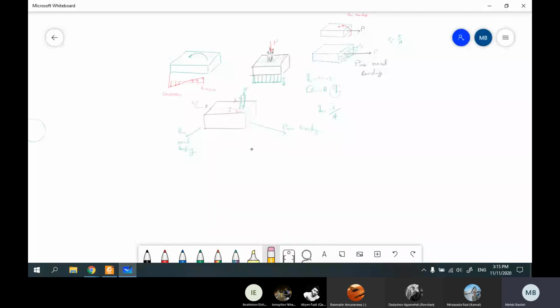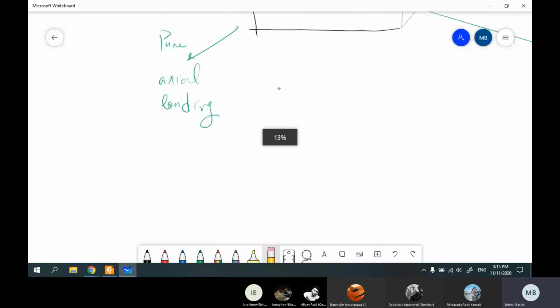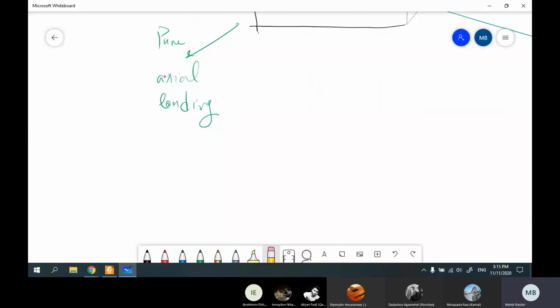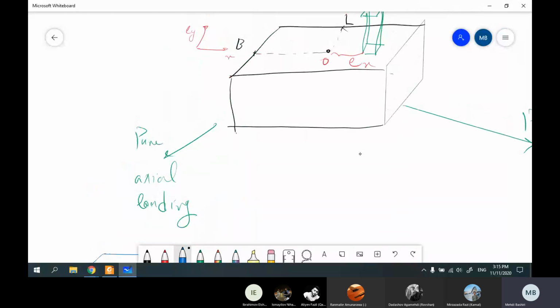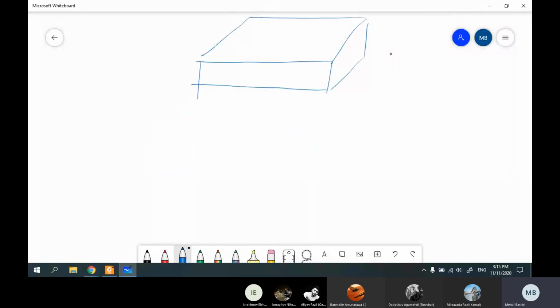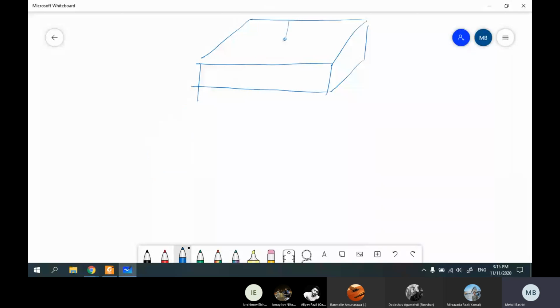In the first case, you assume that you have only a pure axial loading at the center of the foundation. So this is the center, this is the foundation, and you have a force with exactly the same magnitude, but in a different location. The location is at the center.